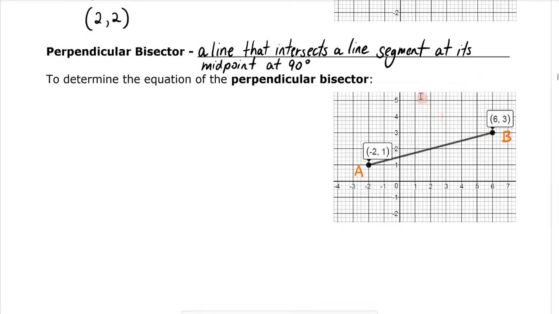So imagine a line going through the midpoint. The midpoint we found is right here at (2, 2), and so it's a line that's 90 degrees to this line AB. So we need to find the slope of that line.